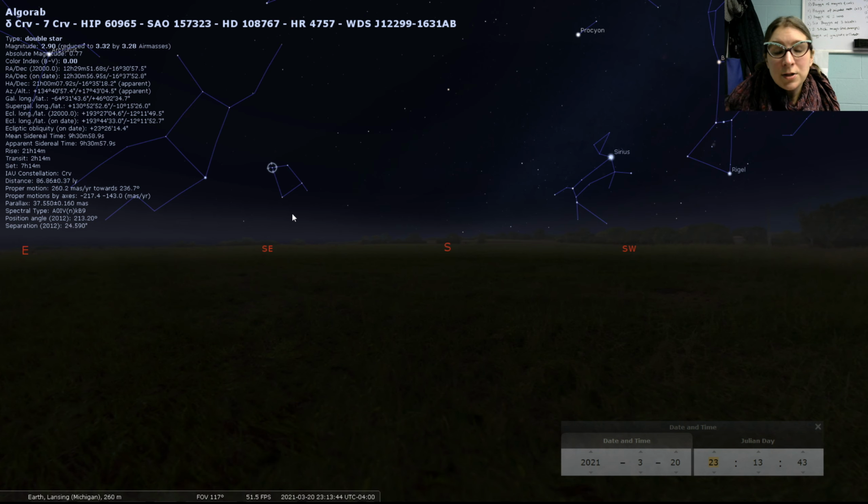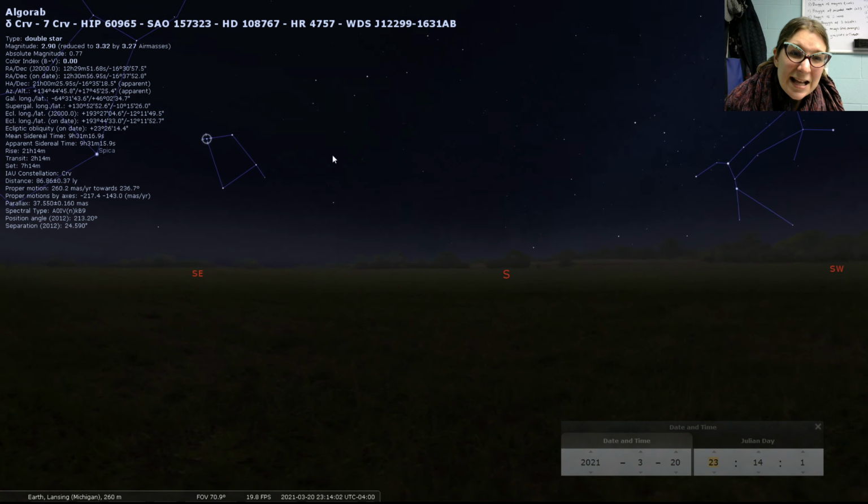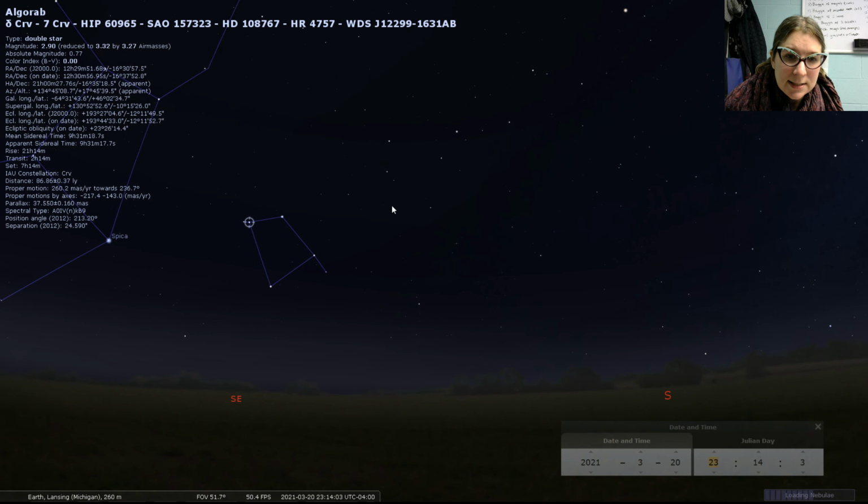But there's a fun story that goes with Corvus the Crow, and his whole story plays out in the spring sky. So Corvus the Crow was sent by the god Apollo to go gather the cup of the gods, also known as Crater. Crater is right next to Corvus in the sky. It's really faint and hard to see.